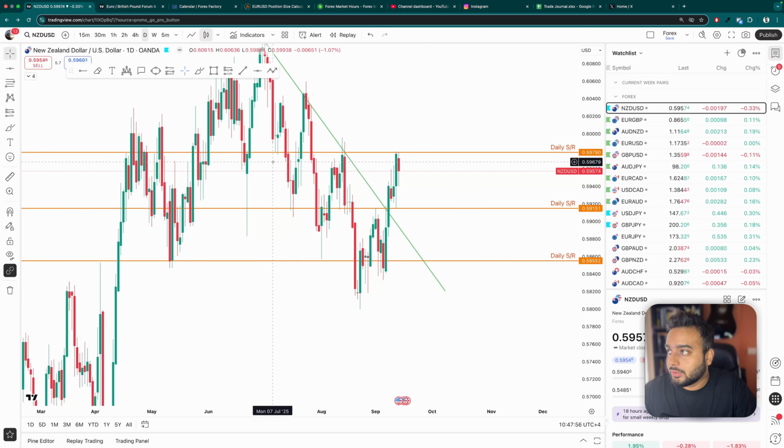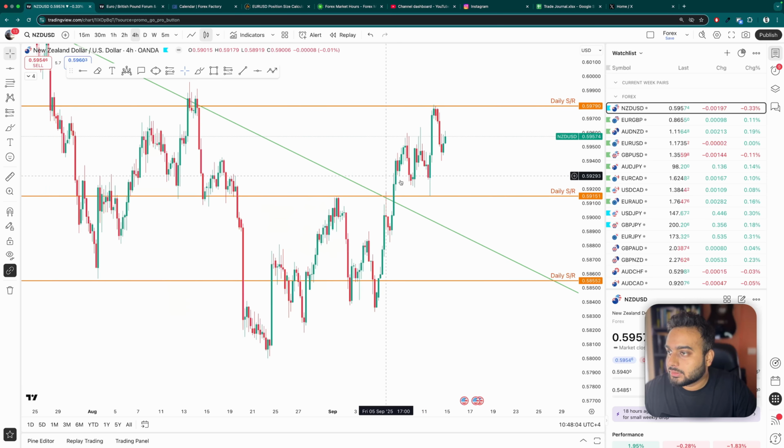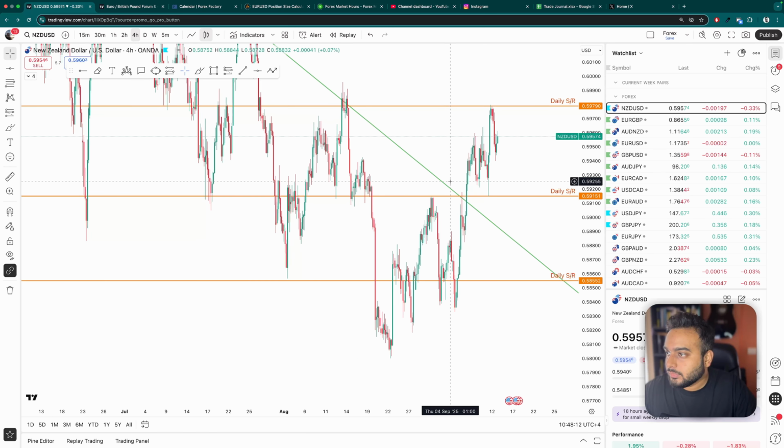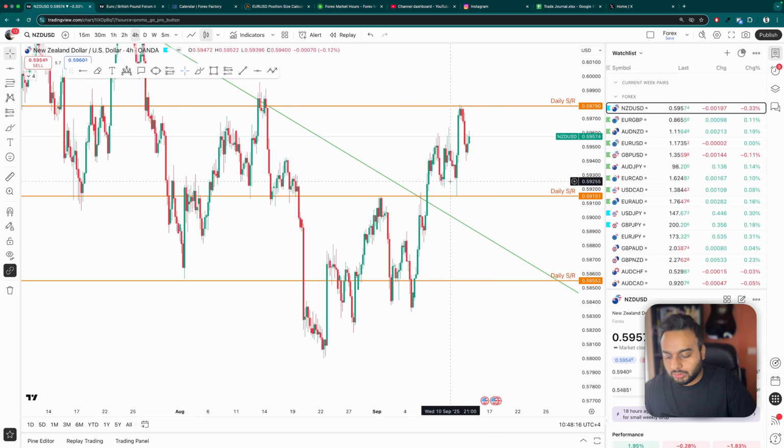So we'll look around here and we can now mark around 4 hour support lines. On the 4 hour, we can see a few rejections from right here. Yeah, we have it acting as resistance as well as support.